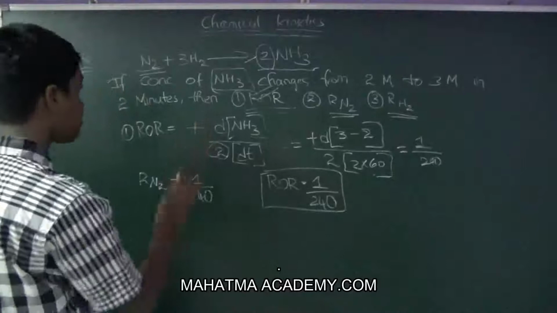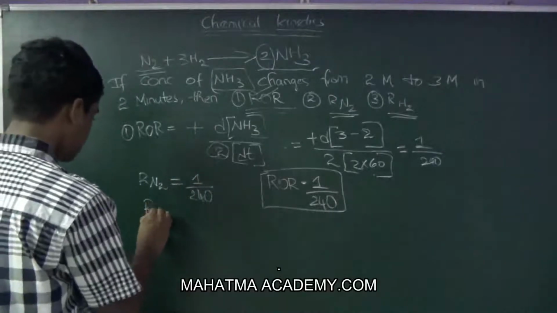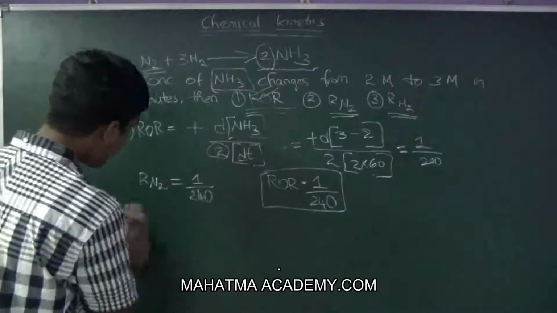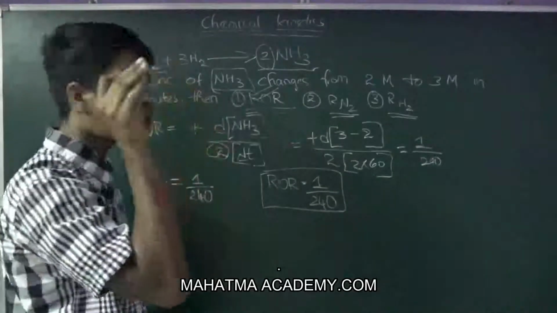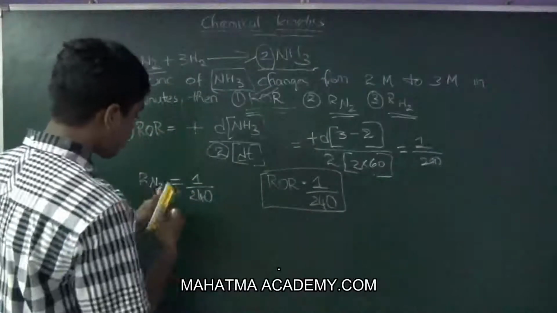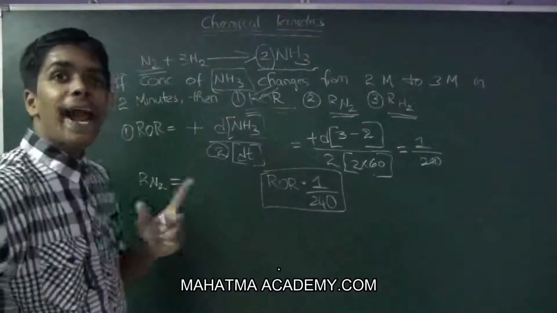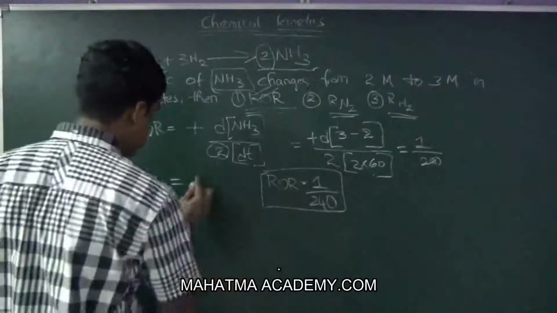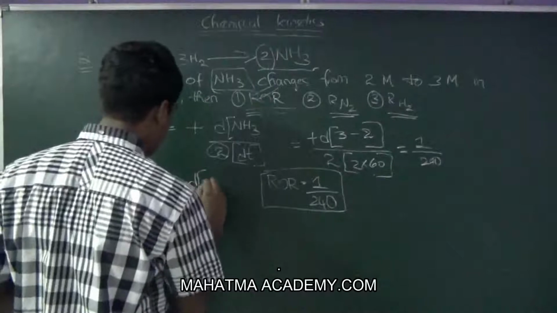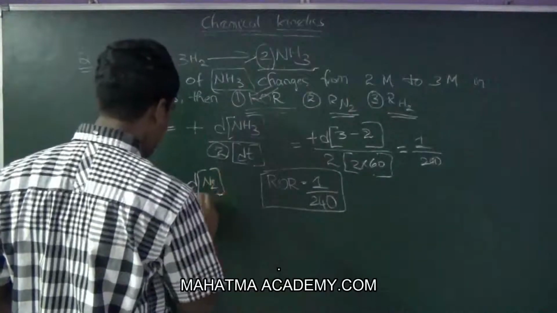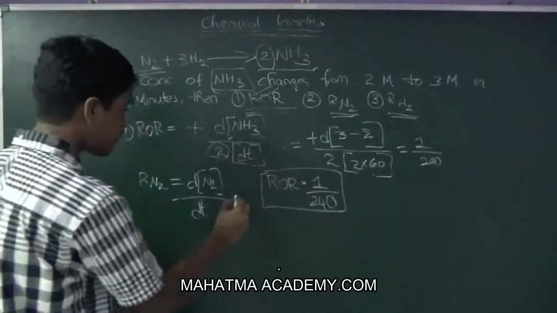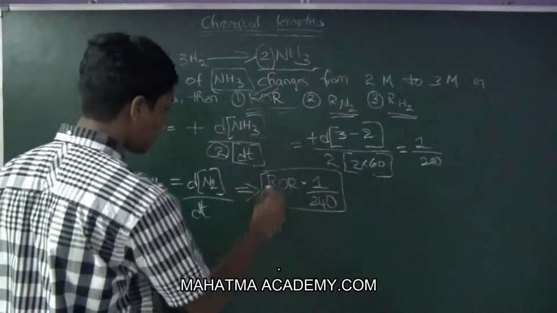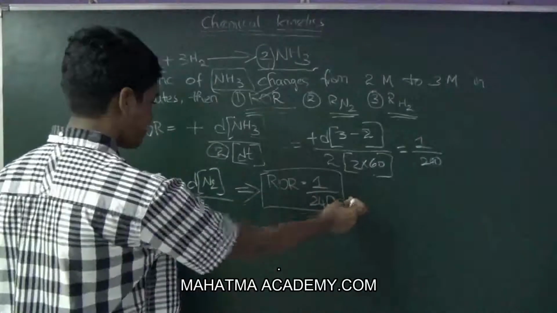Now we will get this one by the formula. If any student has a doubt, now d N2 upon dt, here negative, is equal to this term 1 by 240.